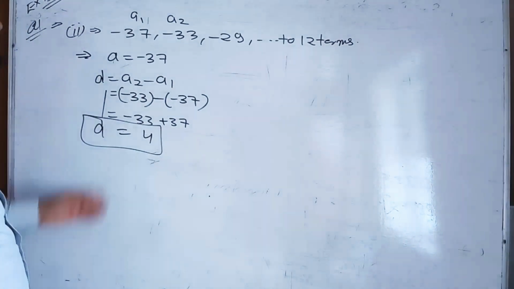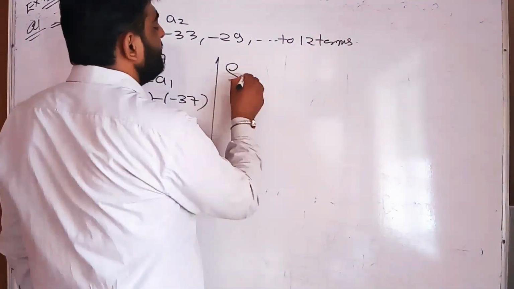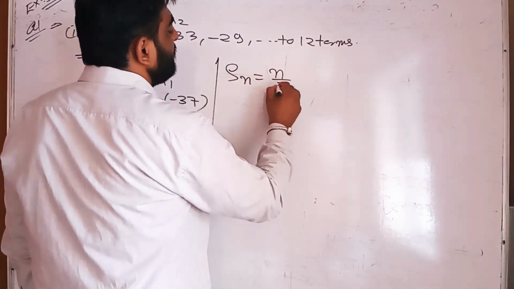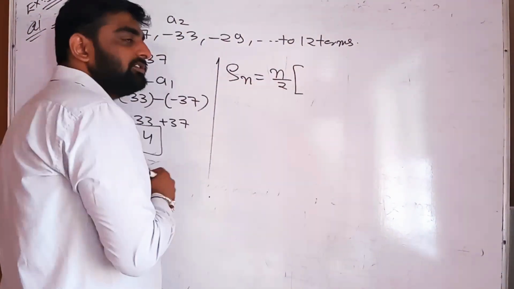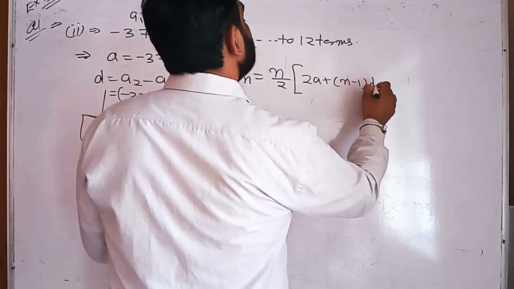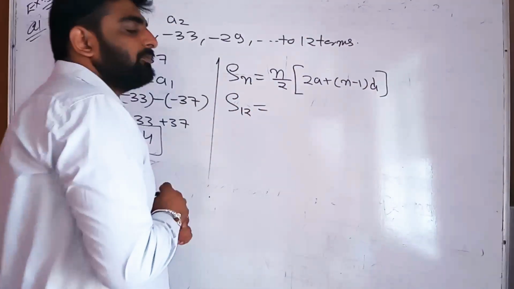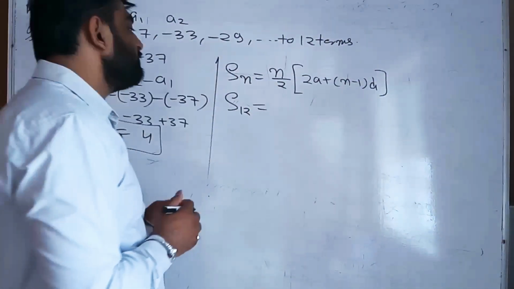So here d equals 4, a equals minus 37, and you need to find the sum of n terms, 12 terms, of the AP. So Sn is equal to n upon 2 into [2a plus (n minus 1) into d]. We have to find the sum of 12 terms, so n is equal to 12.